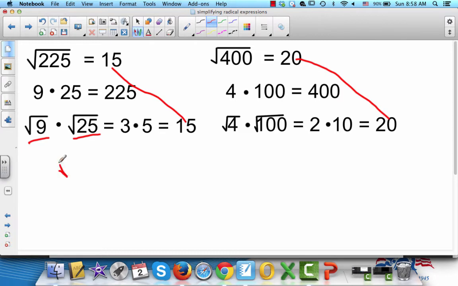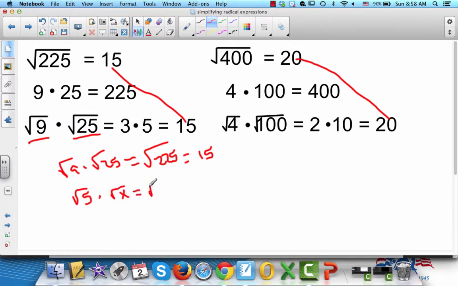So look, we've got the square root of 9 times the square root of 25, and you go 9 times 25, and you get 225, which is equal to 15. Which means that you can also go square root of 5 times the square root of x and get the square root of 5x.